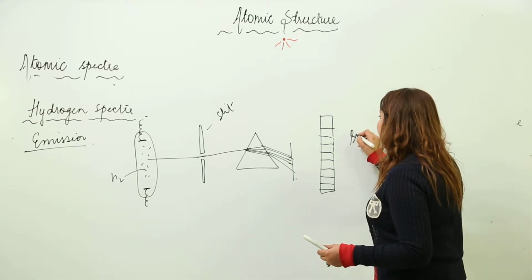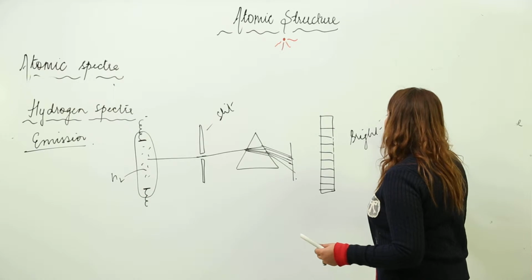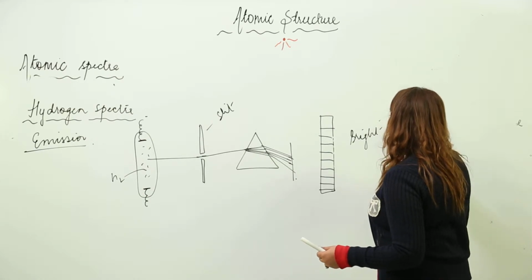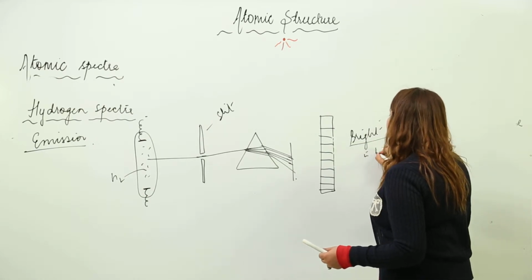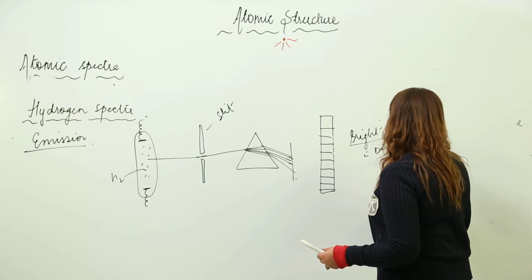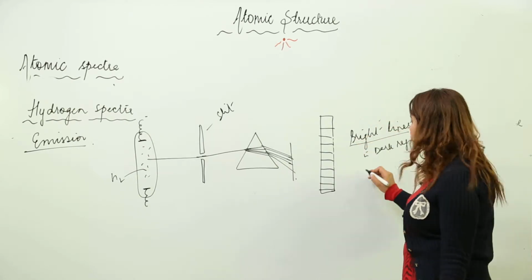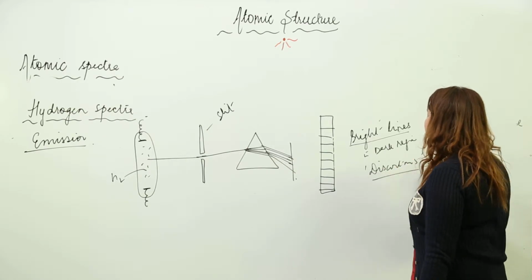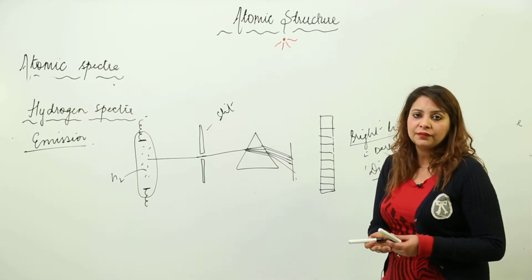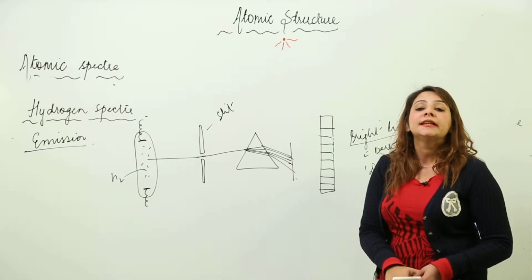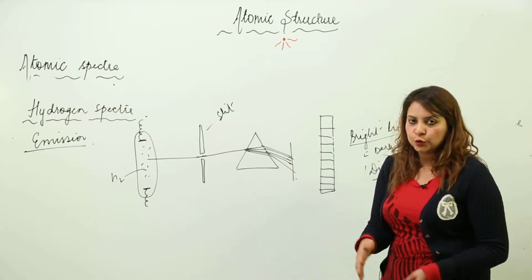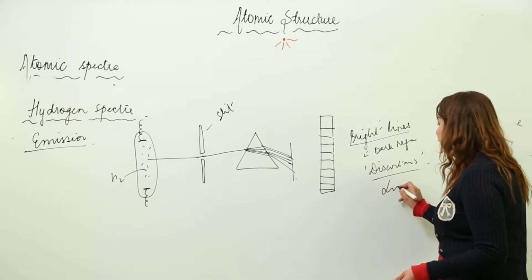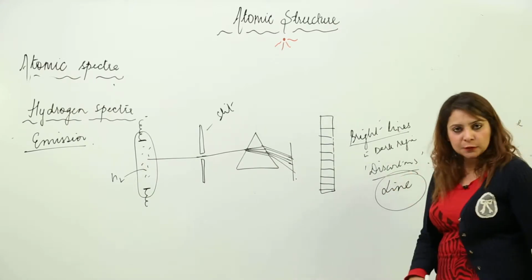That means it gave rise to so many bright lines in a dark region. So obviously this spectrum is going to be discontinuous, as we have already discussed that whenever the object is not a source of light, we are heating or passing current, the spectrum is the discontinuous one, and the other name for the discontinuous is the line spectra.